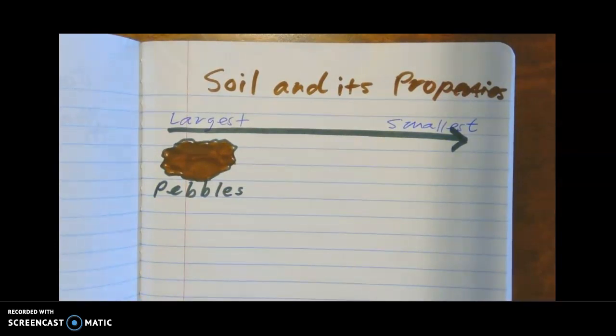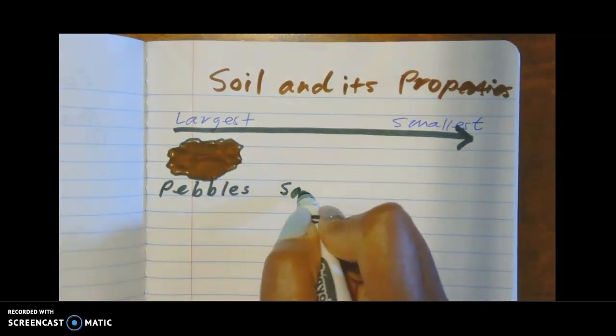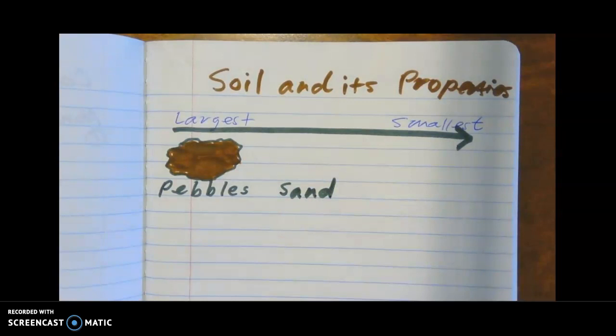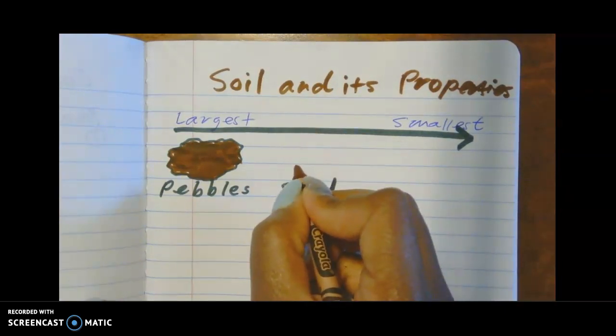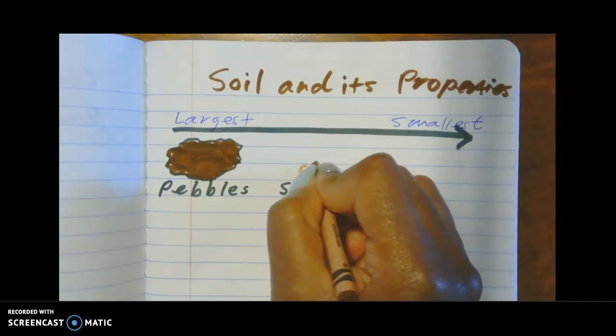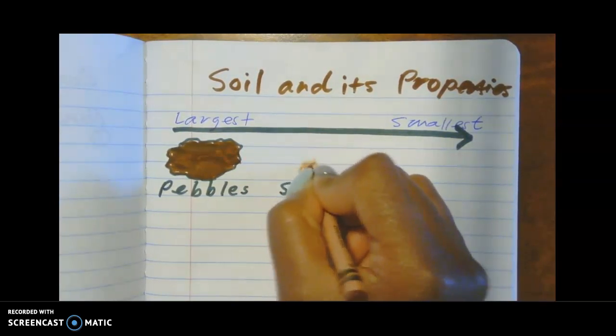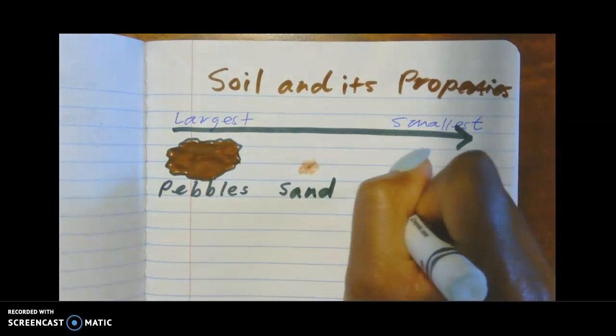Next is sand. Sand. It's going to be a really small particle. Sand as best as I can draw it. Next is silt.